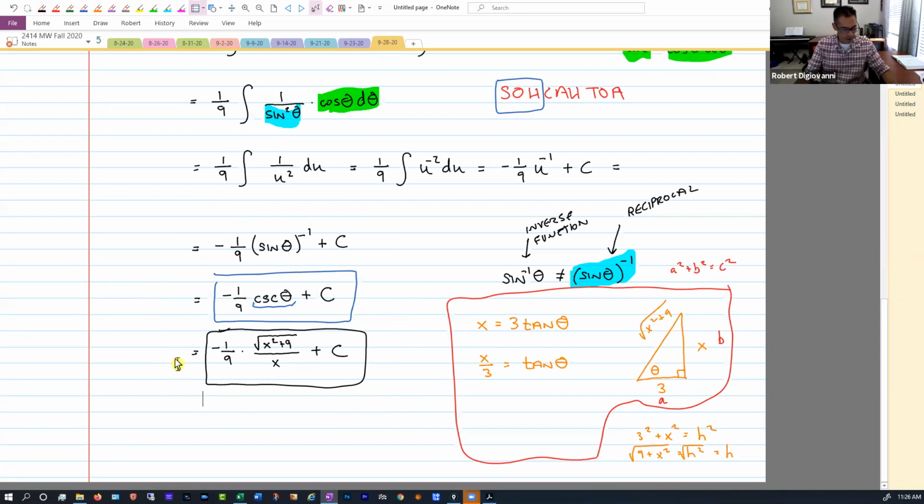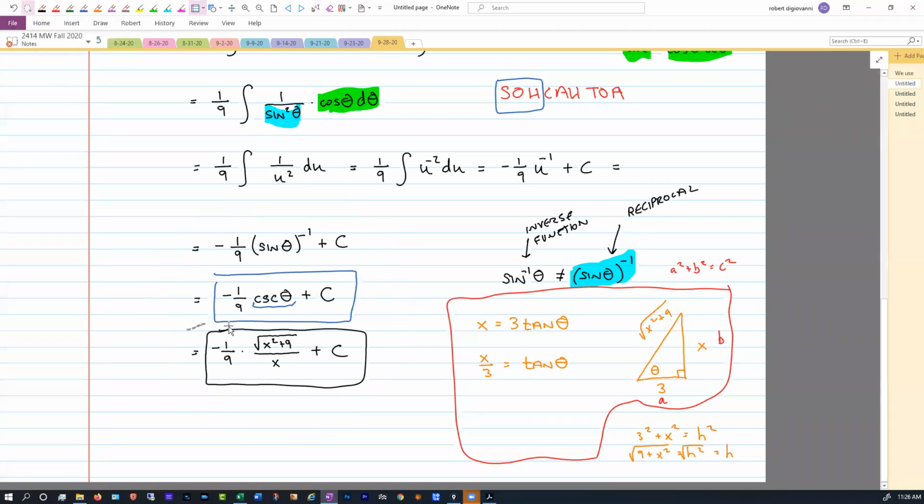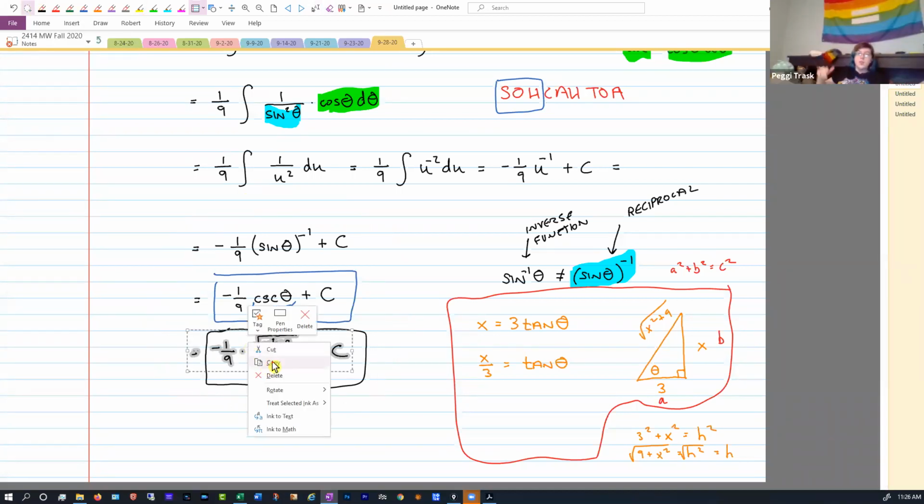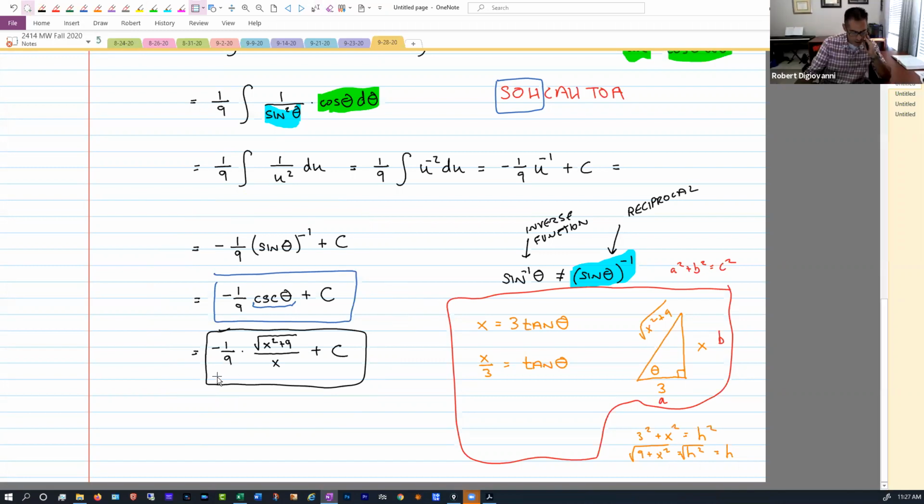Are we in the mood to check today? Yes, sir. I'm always in the mood to check my answers. Quick question. Since the -1/9 is on the outside, would multiplying it in also give you a correct answer? Would you deduct points if you were to multiply those two together? No, you can multiply them. I would just be careful on what you do.